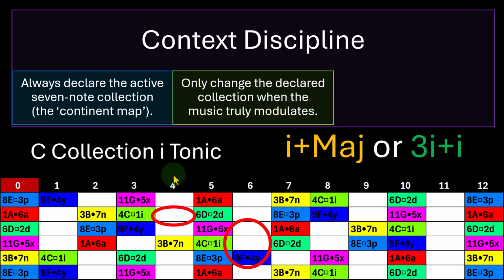See how much cleaner it would be if you only change the declared collection when the music truly modulates. In other words, most songs are just from the perspective of one collection of notes. If I'm playing in the collection of notes around the key of C, then usually the whole song is going to be relative to that collection.